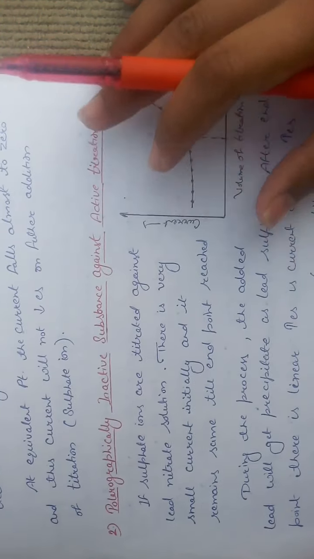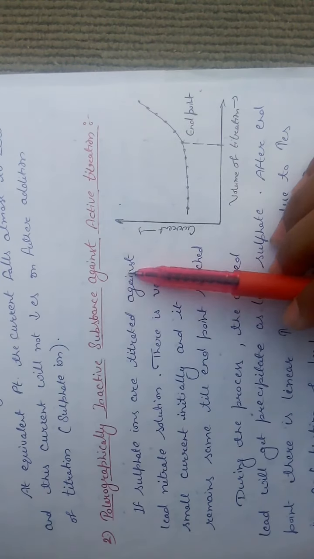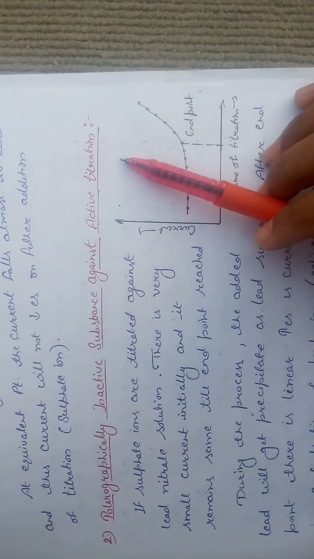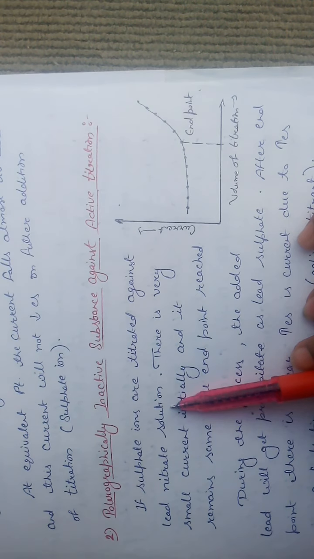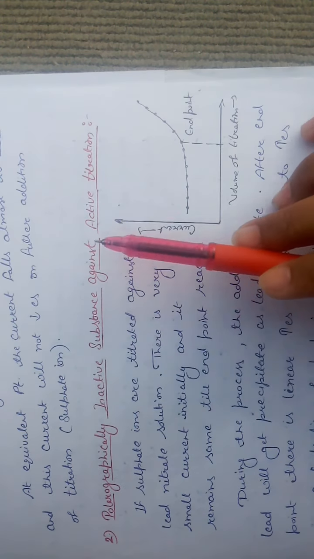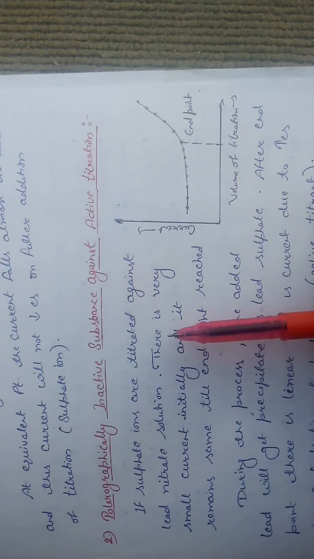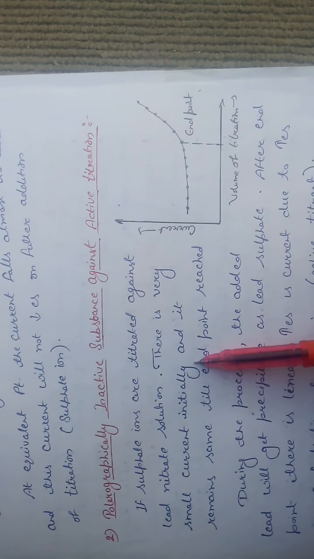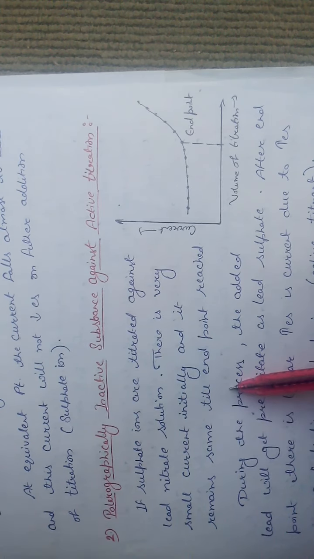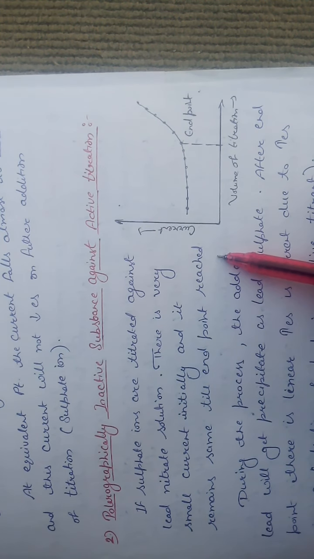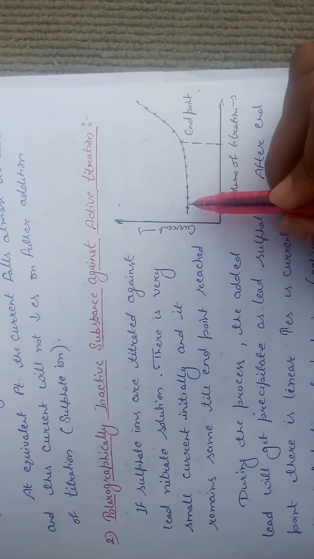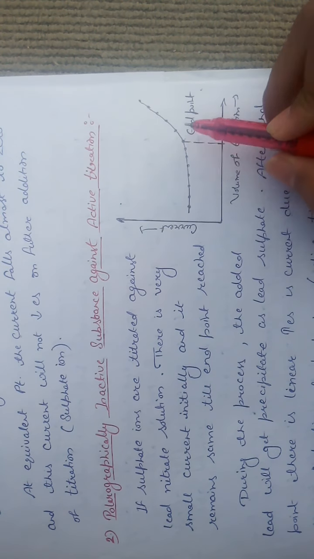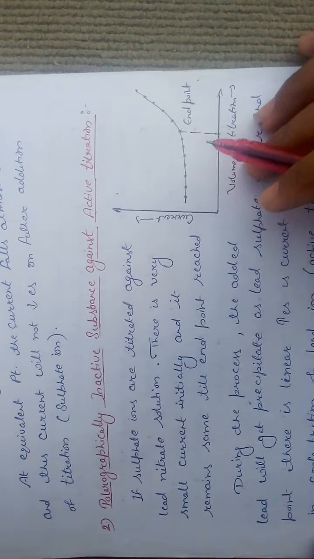The second one is a polarographically inactive substance against an active titrant. The sulfate ions are titrated against lead nitrate solution. So one is inactive, another one is active. Clear? There is a small current initially and it remains almost the same up to the endpoint.